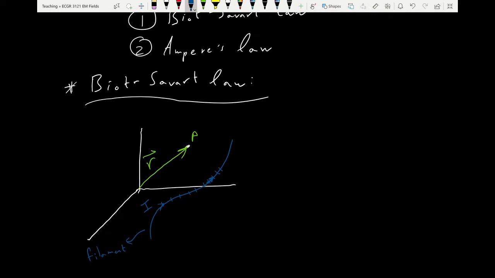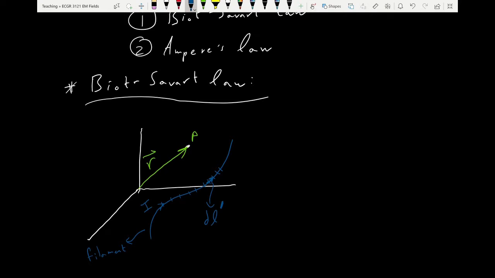So this is going to be a current element at this point, for example. Now this current element, or this element of the wire, has a length dl prime, right? L is the length of the wire. dl prime is an element of the length of the wire, a length element, and we said we use the prime system if we're describing coordinates on the source material, right?